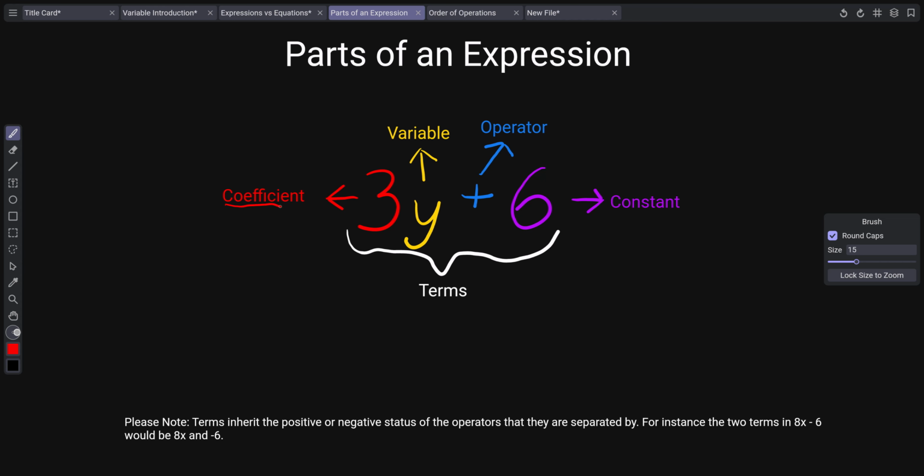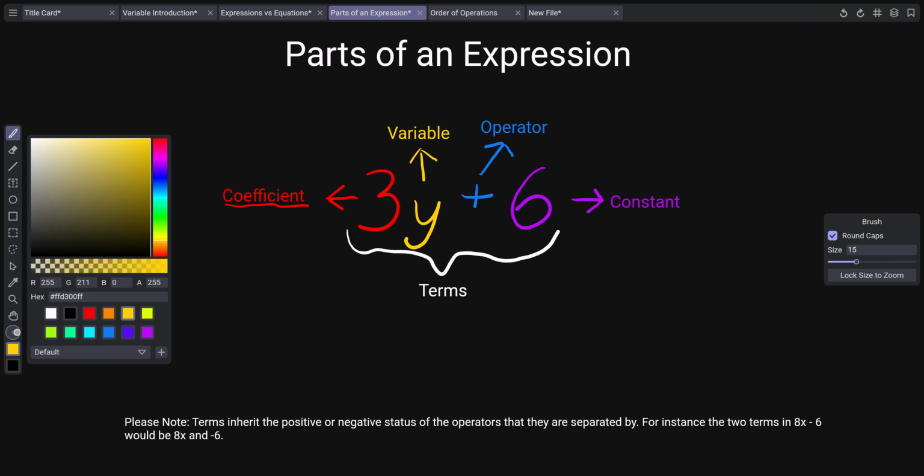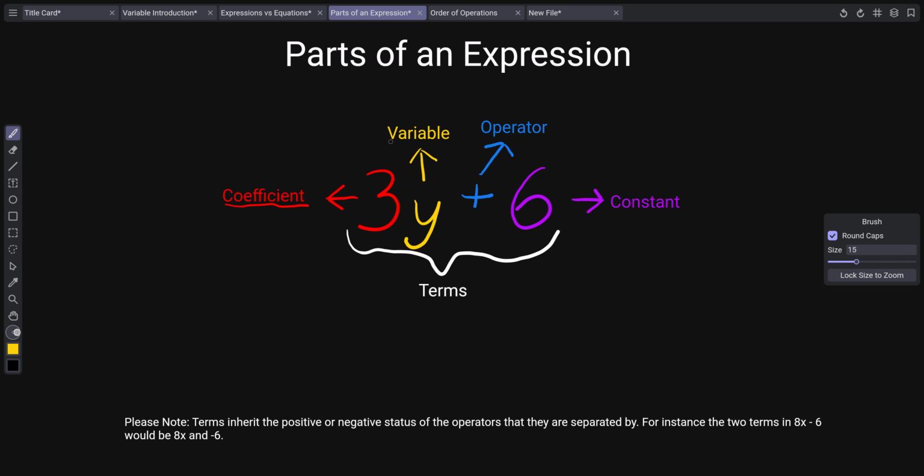And what the coefficient is, it's the multiplier. It's a number that usually multiplies the variable. And the variable is the thing that we talked about before. It's basically something that changes depending on what's put into it. And these variables come up a lot in college algebra.